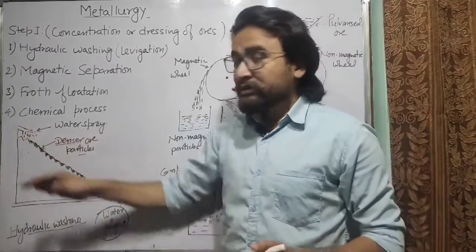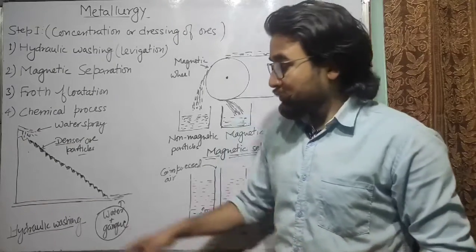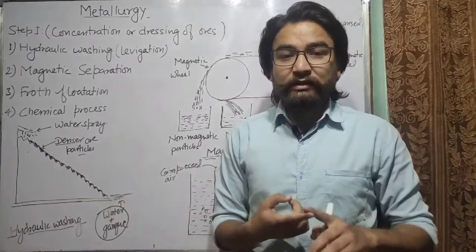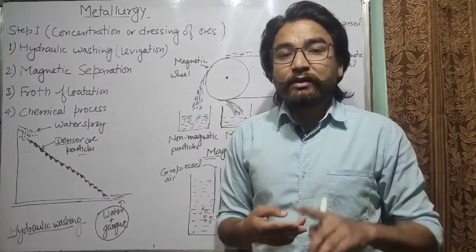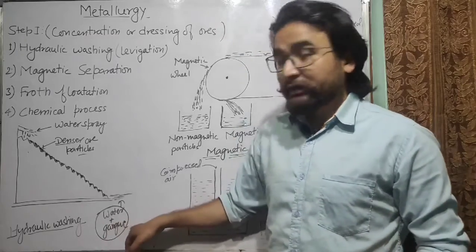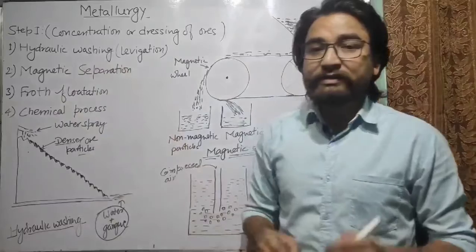So this is how we can separate the impurities from the ore. This is the first method, that is very easy. The condition required for this method is that the particles of ore should be heavier as compared to the gangue particles.